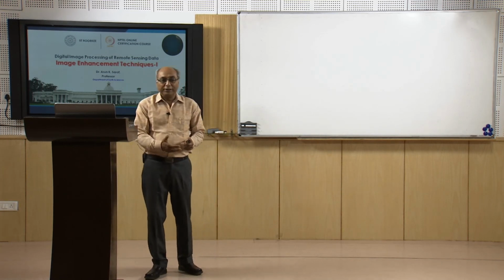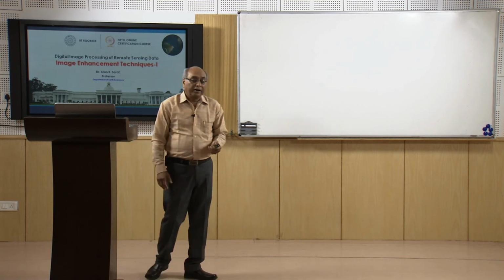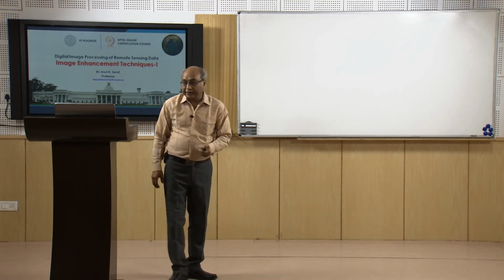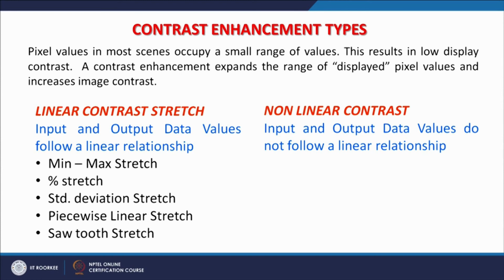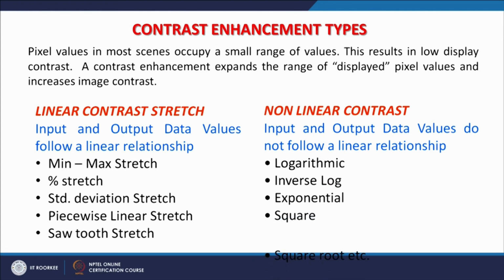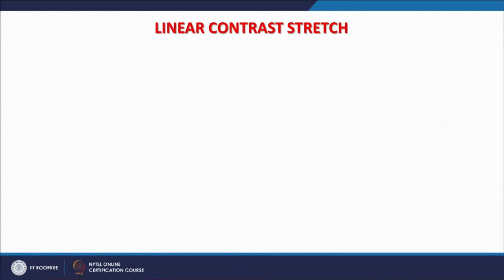And then there are non-linear contrast enhancement techniques, where input and output data values do not follow a linear relationship, unlike linear, where they do. Non-linear contrast stretches include logarithmic, inverse log, exponential, square root, etc.